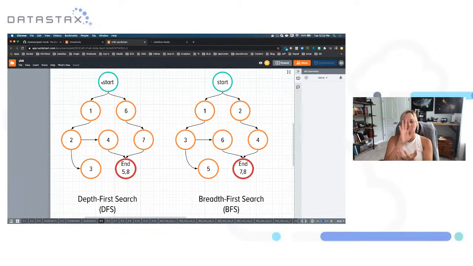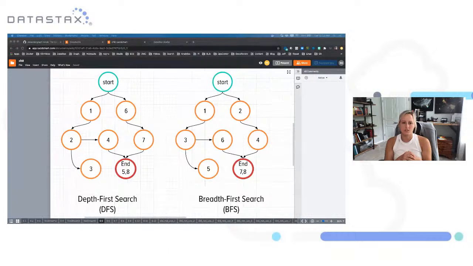We need to explore all of these vertices to get to the end in red in the lower right. What we're showing on the left is called the depth first search strategy, and the right is breadth first search. At the end of the day, the difference is whether you're going deep first or wide. For some of you who might have studied this, the difference in implementation is whether you're using a stack or a queue.